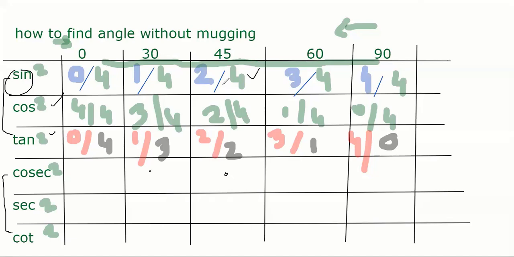Got everybody? No, not this screenshot. You can take from my course, but these are very easy. But if I remove this, can you do mentally now? If I say sin 60, tell me, sin 60 degrees what? In the mind you say 0 by 4, 1 by 4, 2 by 4, 3 by 4. You should say in mind.